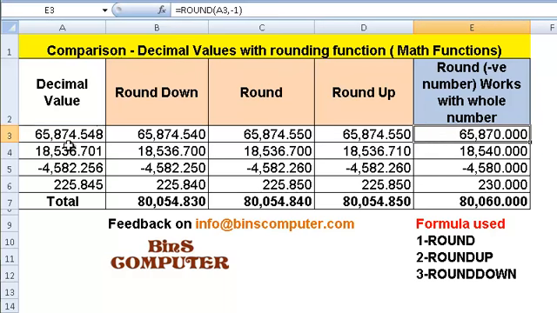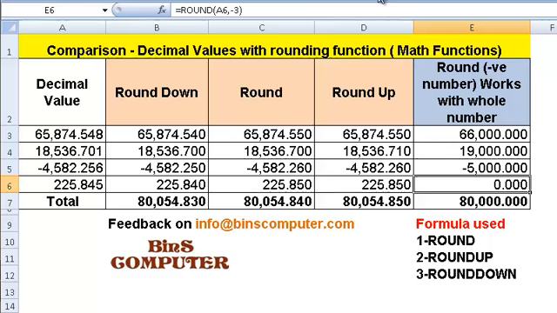If you want to round the left hand side of my decimal values, then I have to use the round function with the minus sign. Likewise, in case I pass -3, it is going to round to the thousands place.